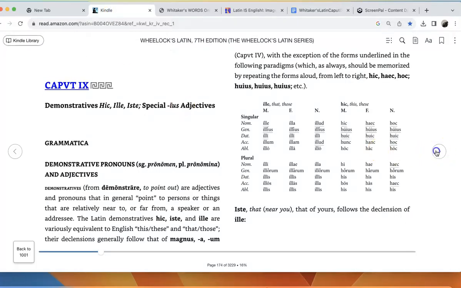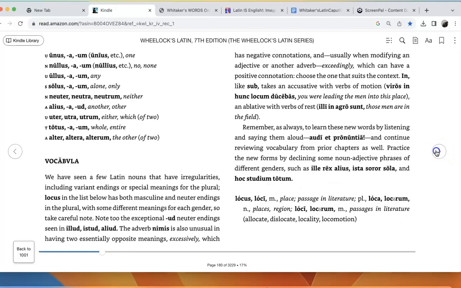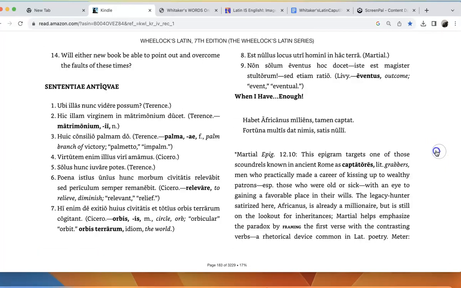Okay, moving on to the next one here, which is septem. Hi enim de exitio huius civitatis et totius orbis terrarum cogitant. Again, another longer one, so we got to take our time with this one.